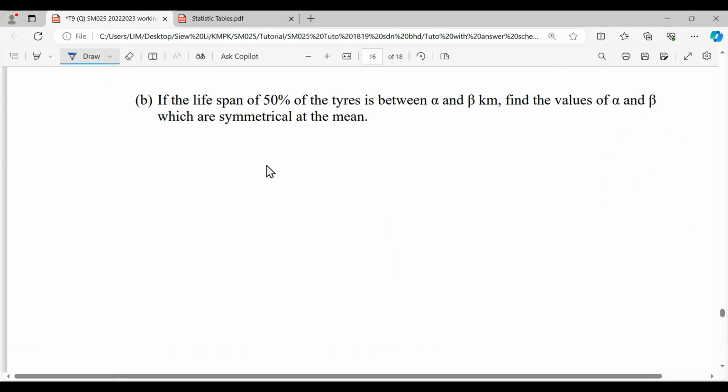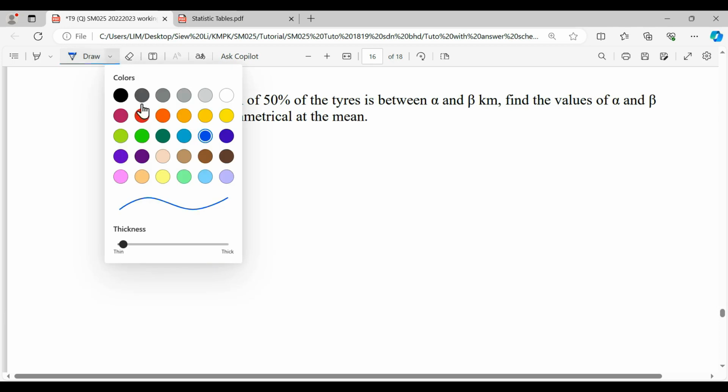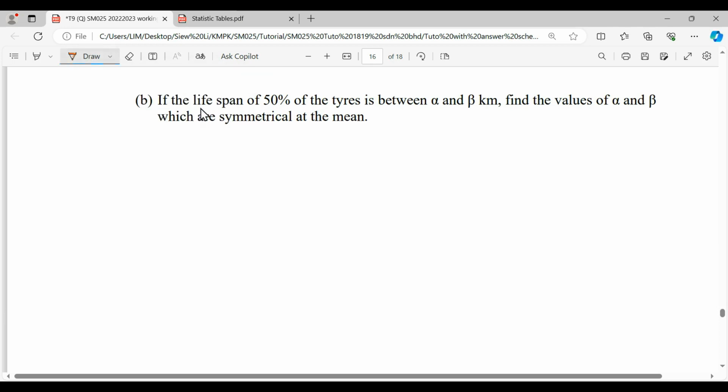Next, we move on to question B. Here they say if the lifespan of 50% of the tires is between alpha and beta km, find the values of alpha and beta which are symmetrical at the mean.